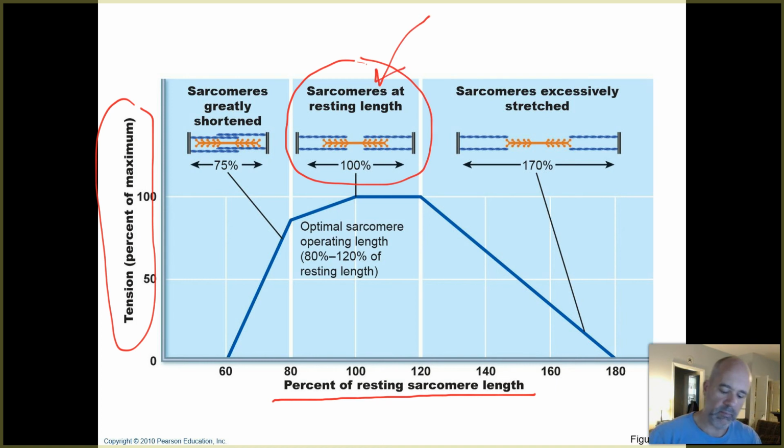And so you don't have cross bridging taking place at this time. The muscle is relaxed, but you can kind of see there your actins and your myosins. Even at rest, they're going to be overlapping each other so that they can cross bridge when needed. So there's going to be some typical length of your sarcomeres at rest.